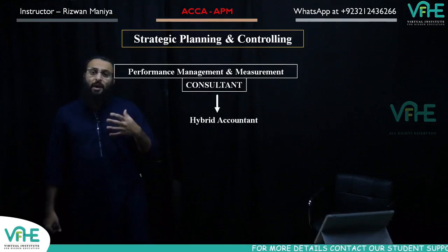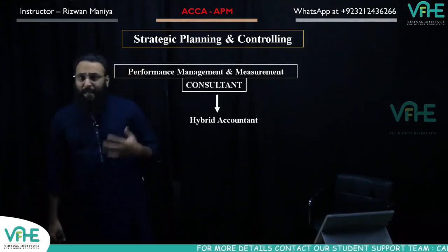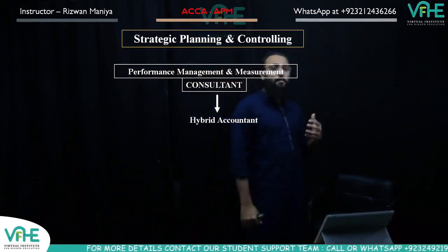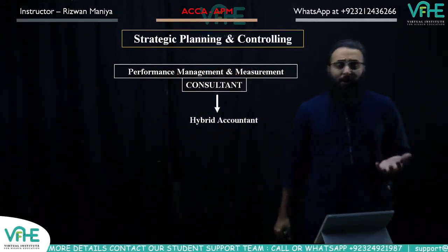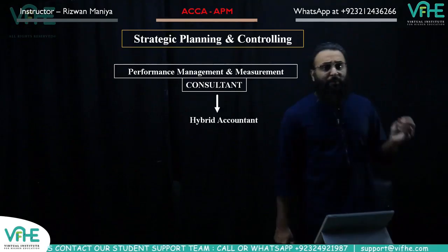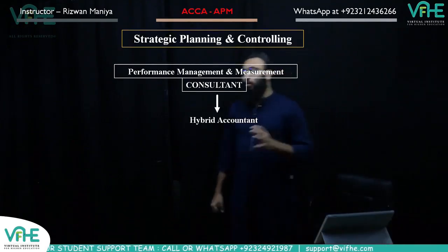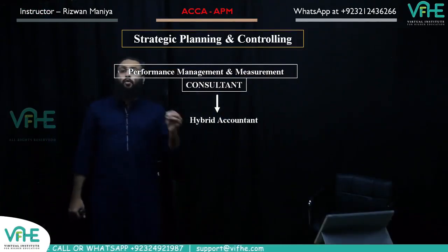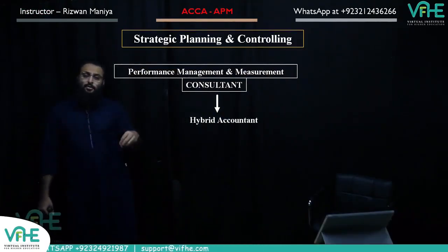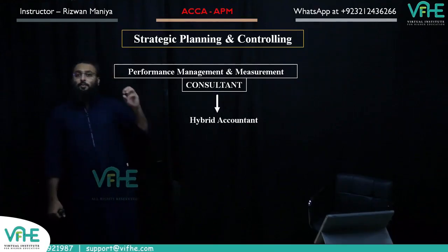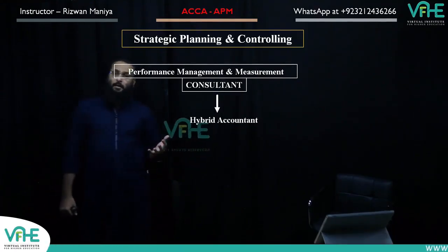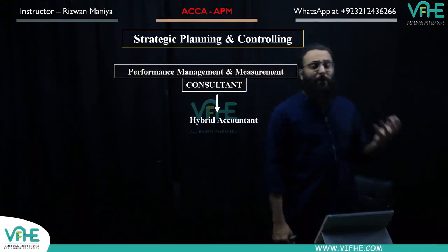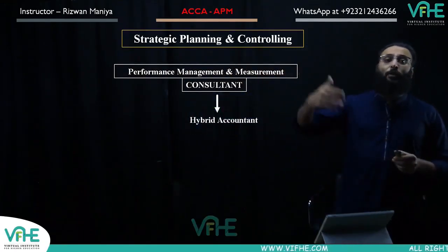Because of ERPs, because of SAP, operational managers are now expected to perform work which you used to do earlier, which means they can do the data entry at their end, so you don't have to input the details of that transaction into the system. Because of the technological impact, the operational managers can perform many operations, which will free up your time.